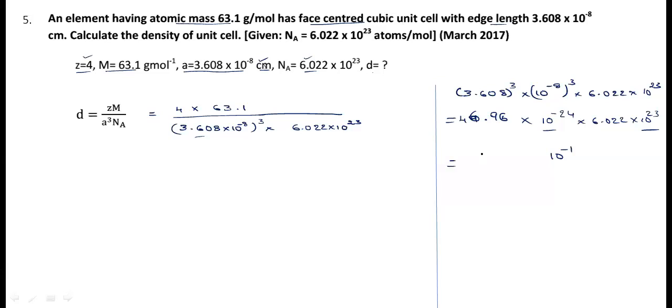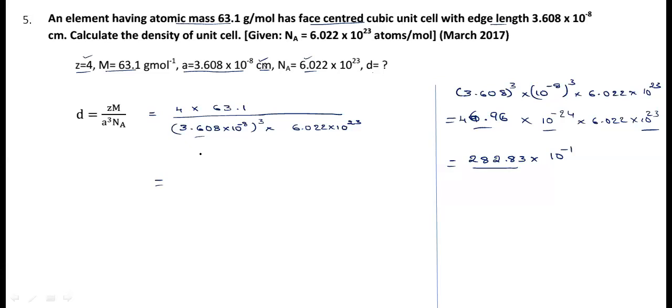And 46.96 into 6.022 is 282.83 into 10 to the power of minus 1. This is the denominator simplification value.